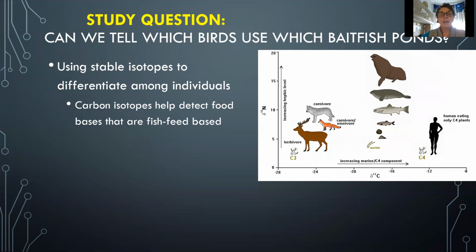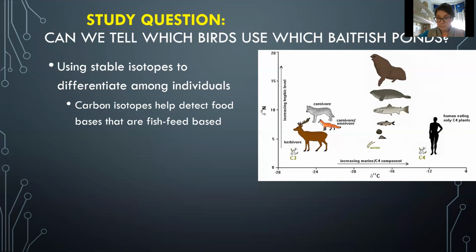When we're looking at stable isotope chemistry, we're looking at the ratios of typically heavy isotopes to the more typical standard isotope of a particular element. So for carbon, it's carbon 13.